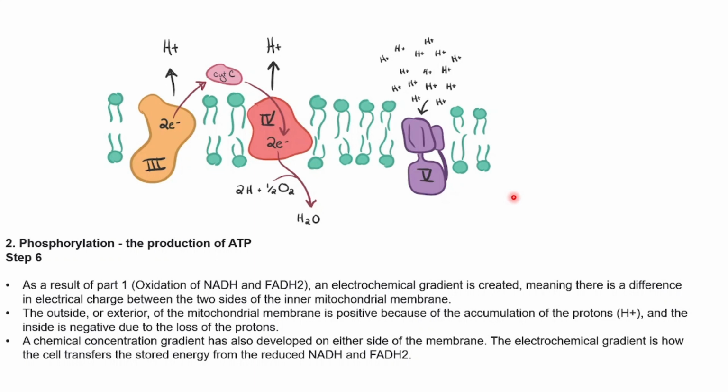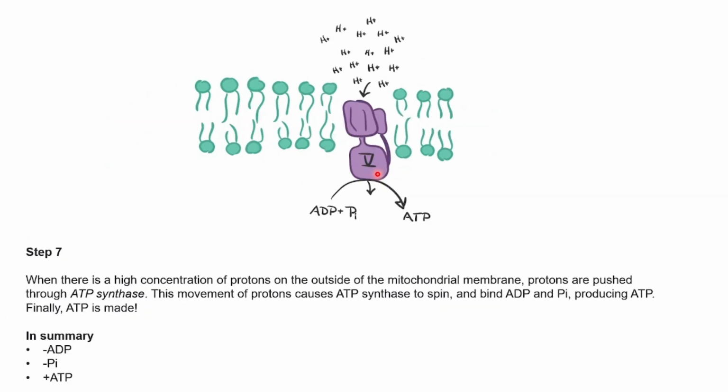The outside of the inner membrane, the intermembrane space between the inner and outer membranes, is positive because of the accumulation of protons, and the inside is negative due to the loss of protons. So there's an electrochemical gradient, a chemical concentration gradient that has developed on either side of the membrane. And this electrochemical gradient is how the cell transfers the stored energy from the reduced NADH and FADH2.